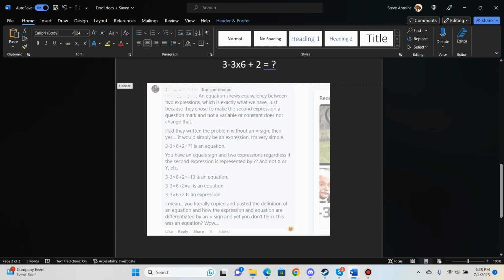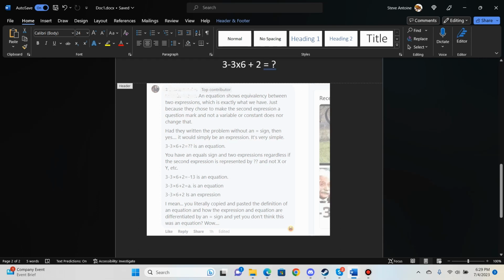You have an equal sign and you have two expressions, regardless if the second expression is represented by a question mark and not an x or a y, some variable, a, b, c, whatever. 3 minus 3 times 6 plus 2 equals negative 13 is an equation. 3 minus 3 times 6 plus 2 equals a is an equation.